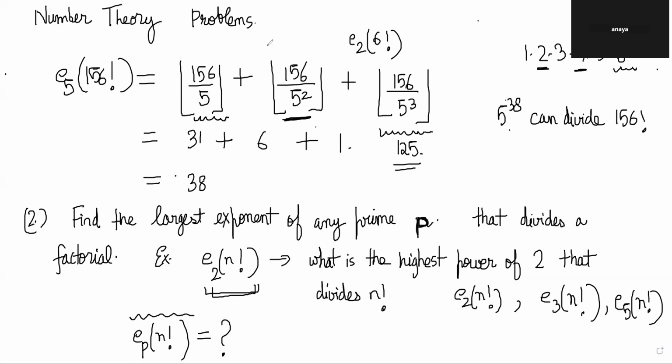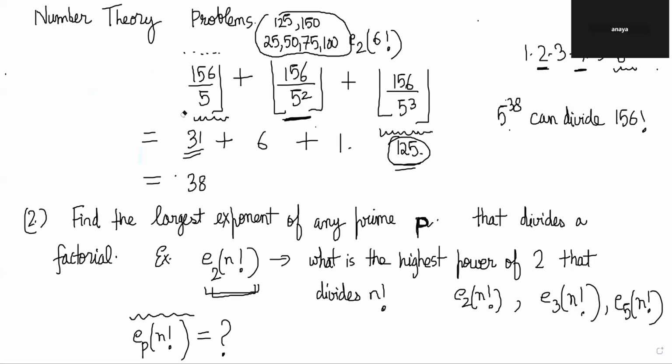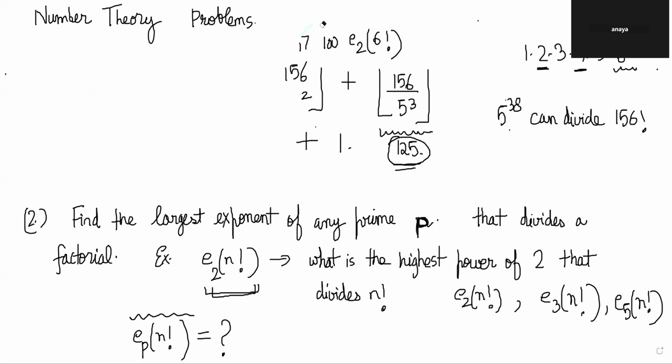And there are several multiples of 25 there. So all of them will give one extra power, and this one will give 2 extra powers basically. And the normal multiples of 5 will just give one power. So in general, the expression for EP of n can now be written, because we have taken some small cases, we have understood the pattern.